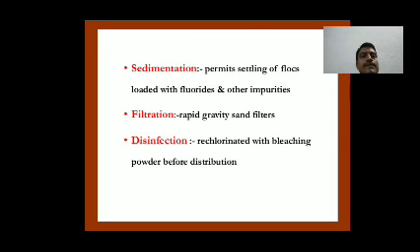Thereafter filtration. It is the process of separating suspended and colloidal impurities from water by passing through a porous medium. The flocculated water is allowed to settle and filter through a candle overnight.